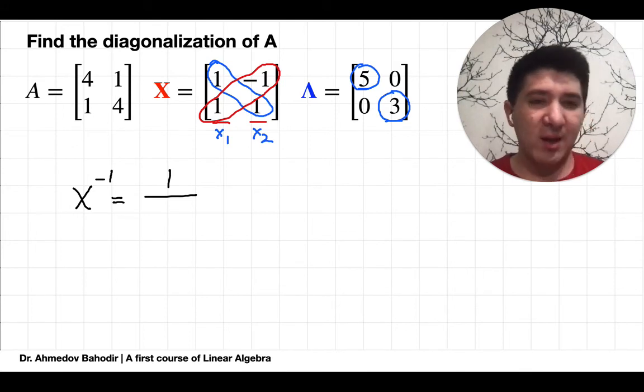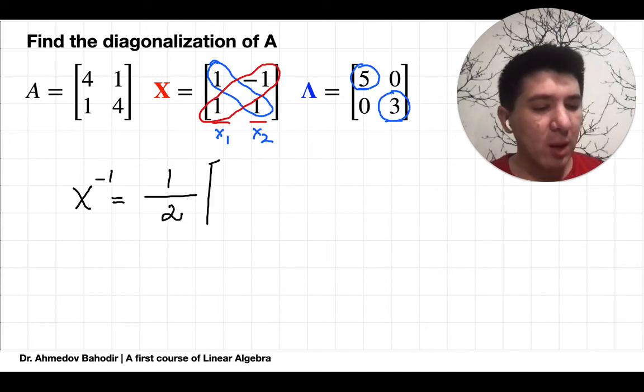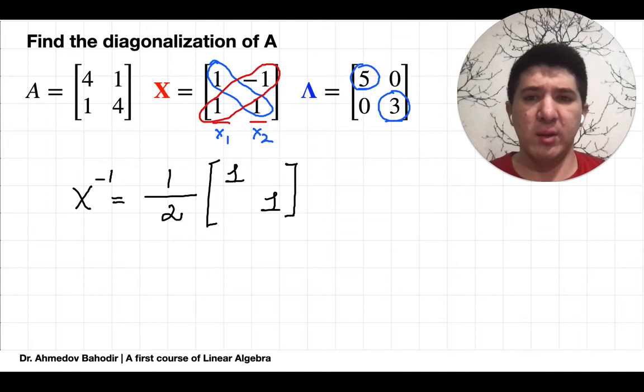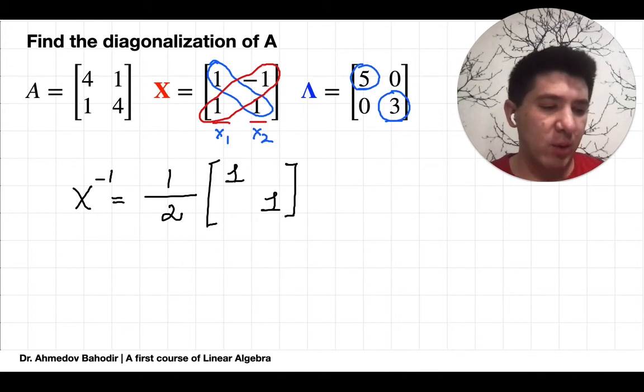If you subtract minus 1 from 1, it's going to be equal to 2. Times this matrix, where I simply need to change the places of the entries 1,1 and 2,2, and the entries 1,2 and 2,1 just change their sign. So it's going to be 1 and minus 1. So that's going to be the inverse.